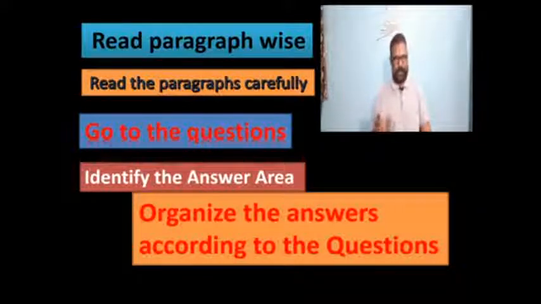Read the question again and understand the demand of the question. Questions have different demands, so you need to present the answer according to the demand of the question and not according to your own will. This is called organizing it. If you organize the answer, there ends the comprehension.